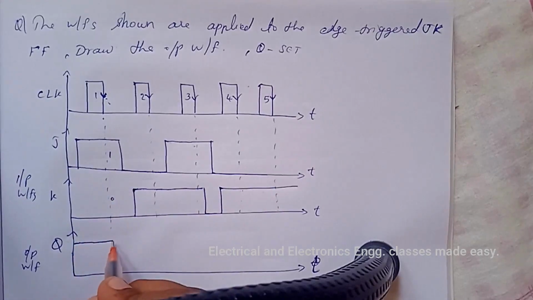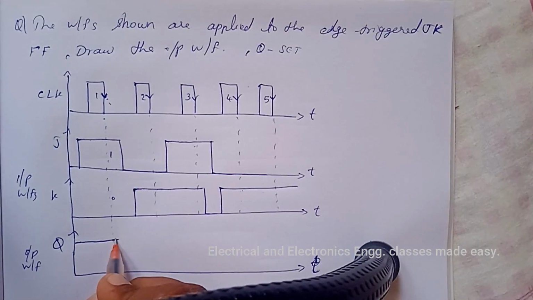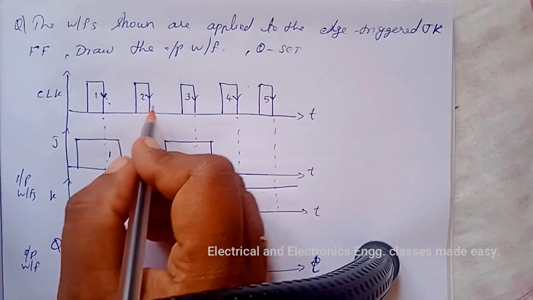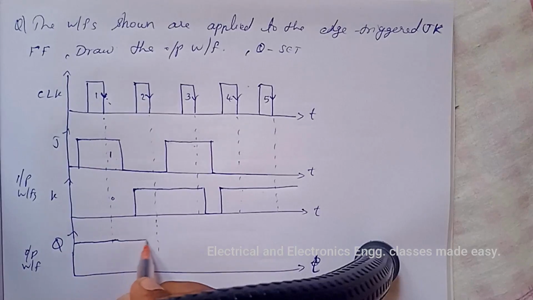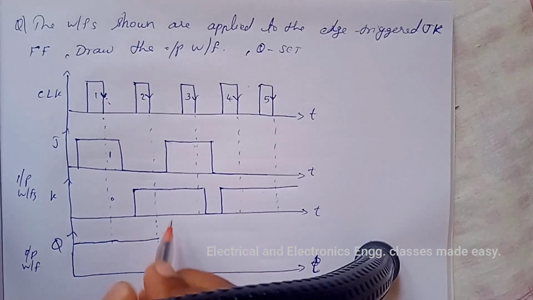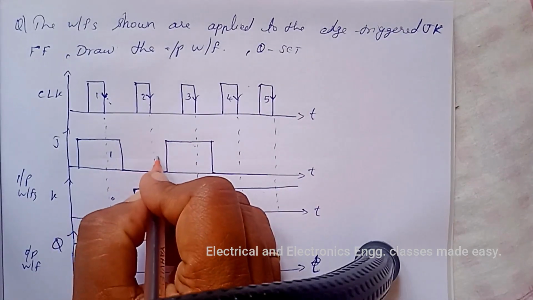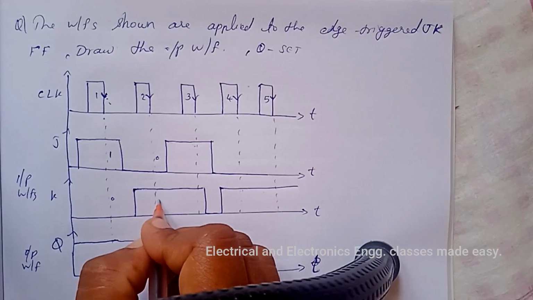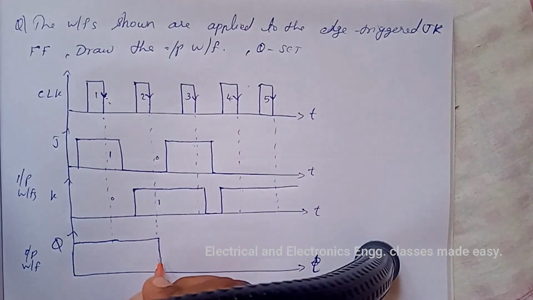That means Q is 1 at this point, and it will continue up to next negative going edge of the clock pulse. So up to this point it will be 1. And at this point J is 0 and K is 1. That means Q is 0. Reset condition at this point.